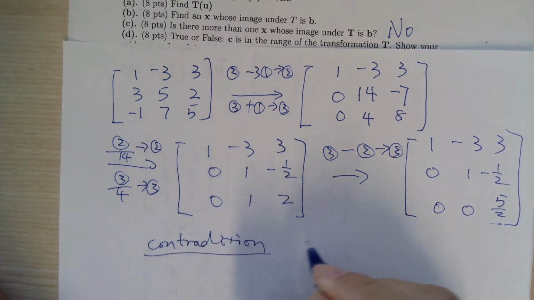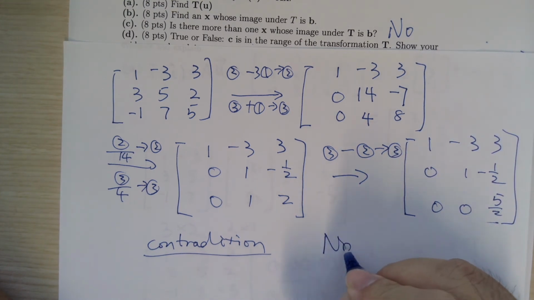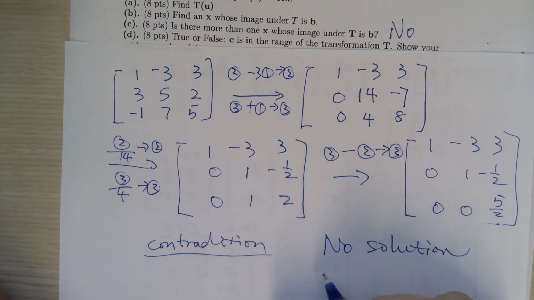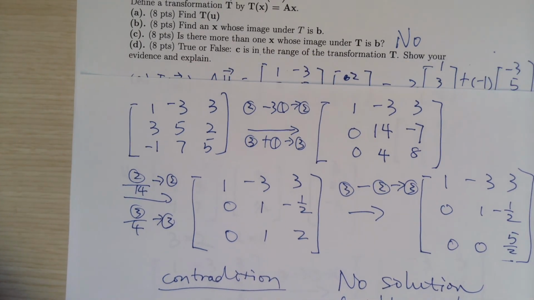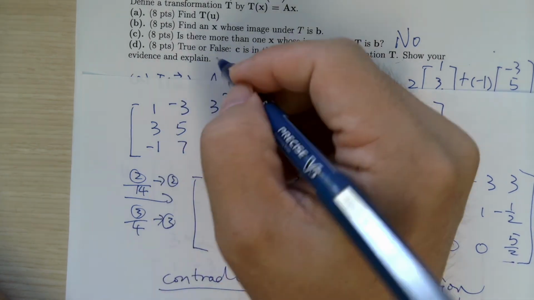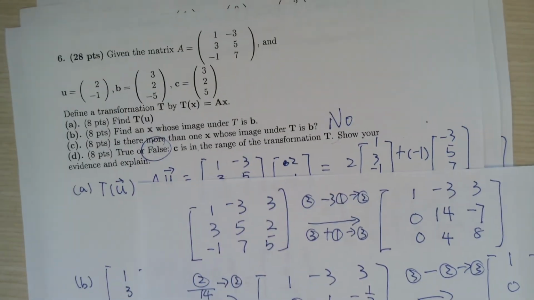Contradiction, because you have a pivot in the last row and the last column position here. Hence, there is no solution for this system. And hence the C is not in the range of this T. So the answer is false. Okay, so that's the explanation.